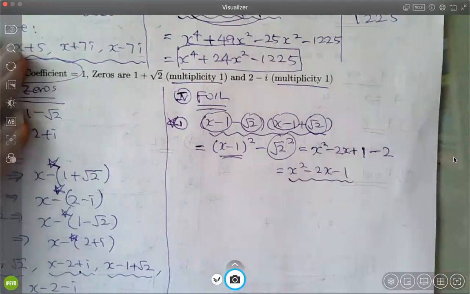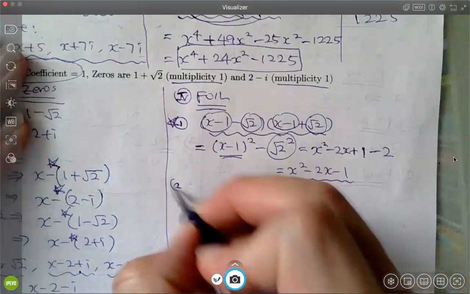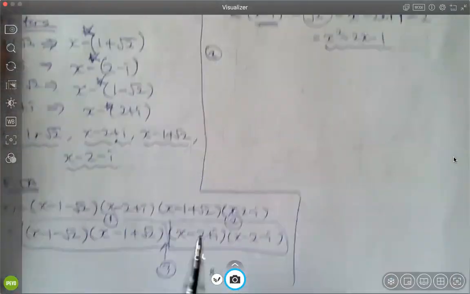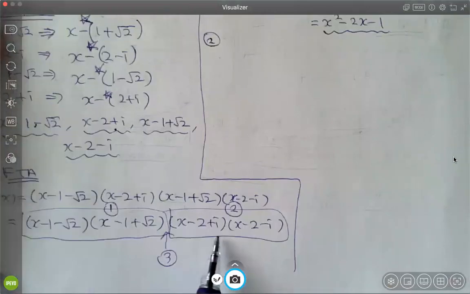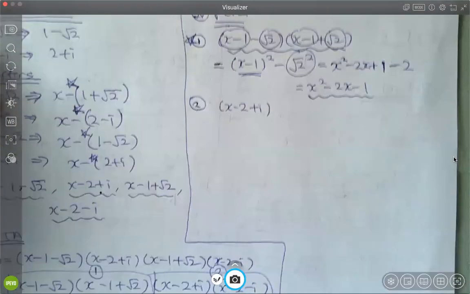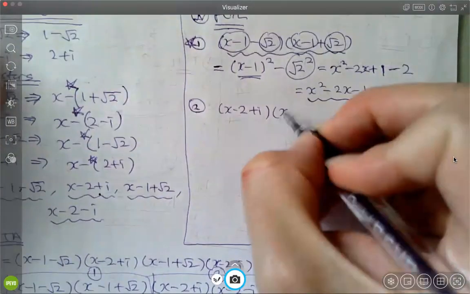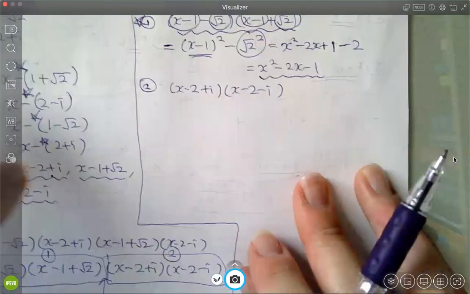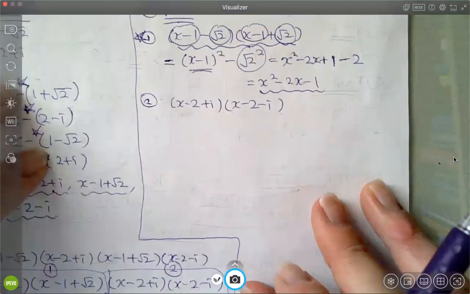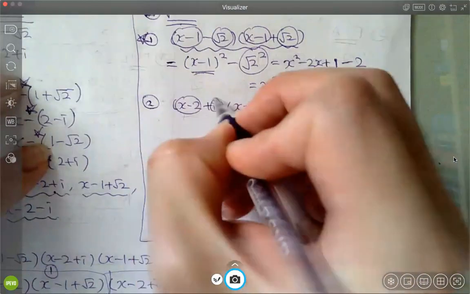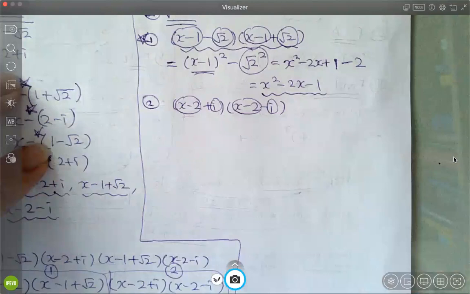Okay, so we did a hard part. Hopefully you can do how to FOIL this second product. The second product is x minus 2 plus I, times x minus 2 minus I. From here, do you see something plus something times something minus something? It's this one, right?